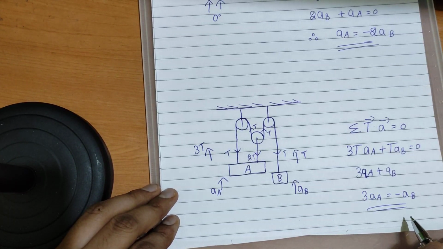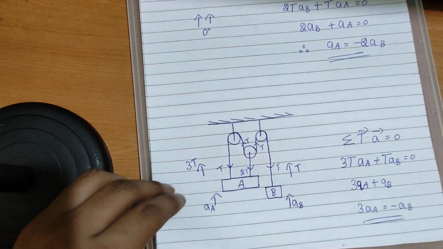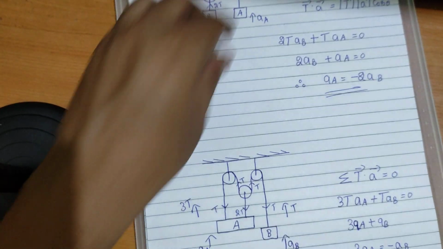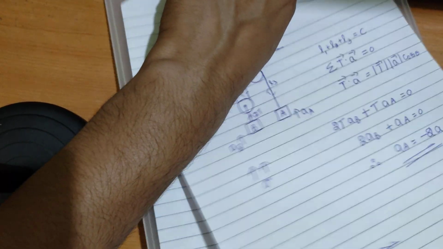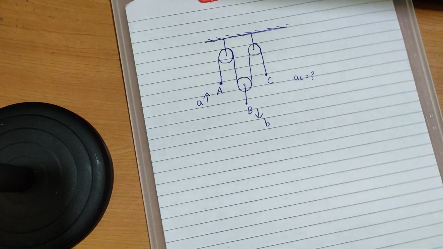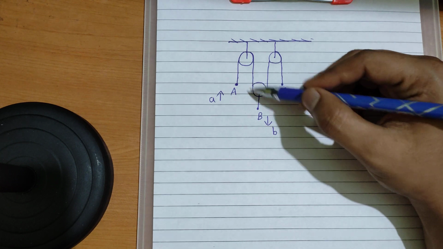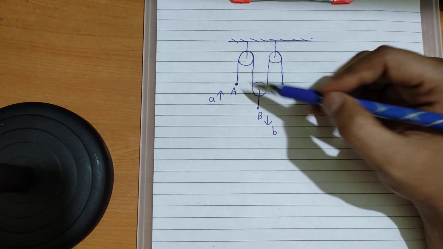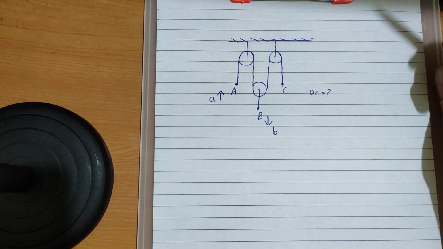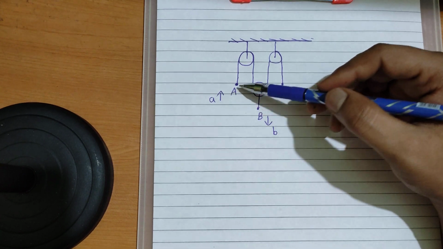Now let's see the next problem. This problem is a little bit complicated. They have given three point masses, point A, point B, point C, and they have given the acceleration directions themselves.